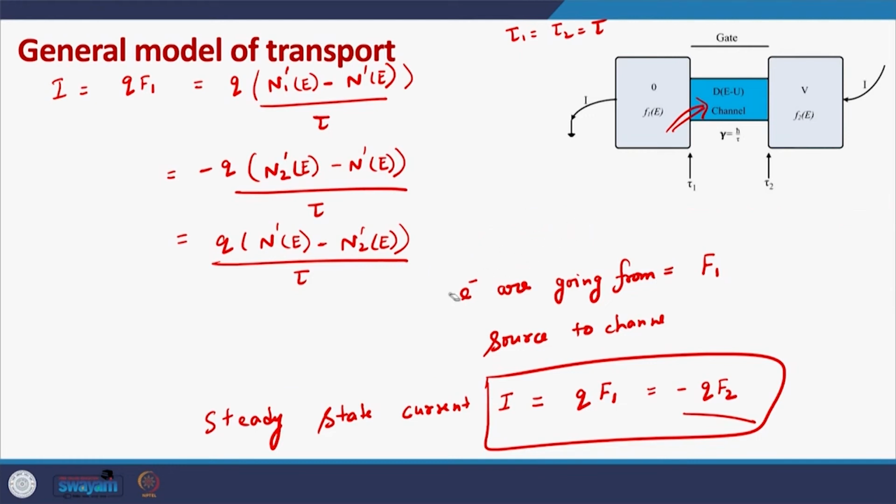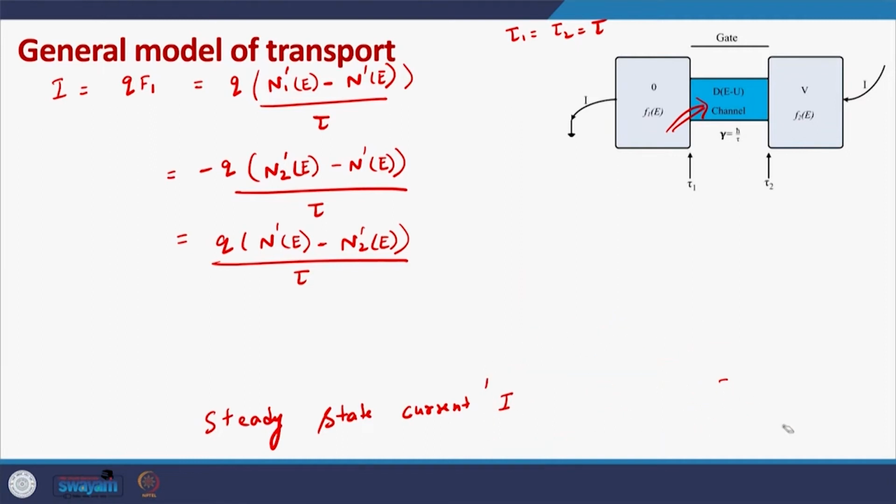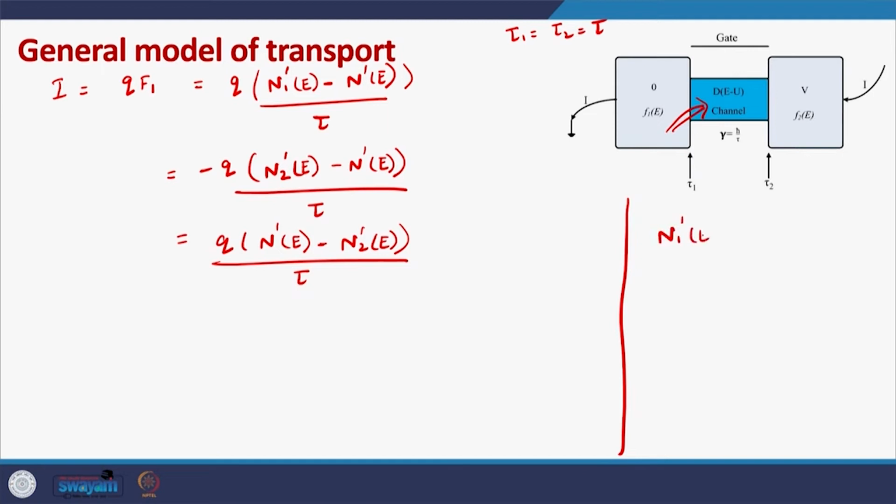So, we now have the expression for n1'(E) and n'(E) from the derivation on the previous page. n1'(E) is essentially dE times F1(E), in the energy range.